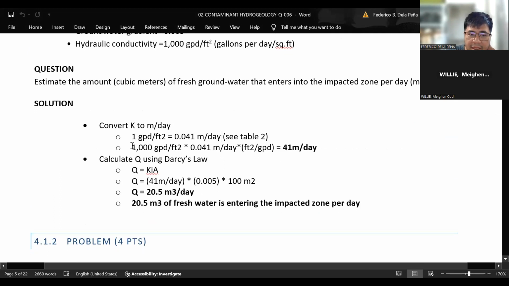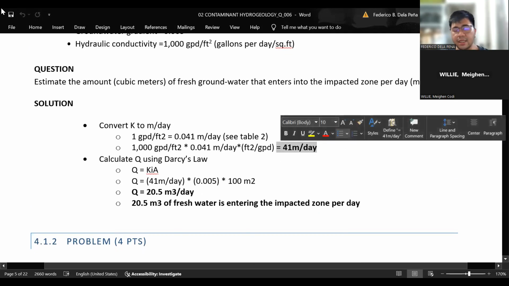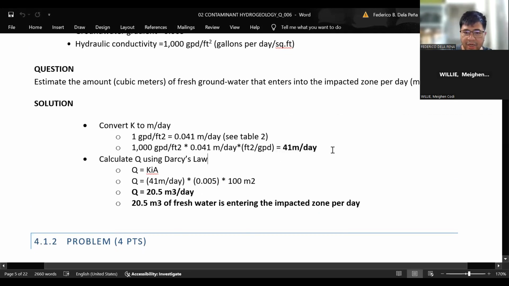Therefore, to convert your 1,000 gallons per day per feet squared, you just multiply it by 0.041 meters per day, and you will get something like 41 meters per day hydraulic conductivity.